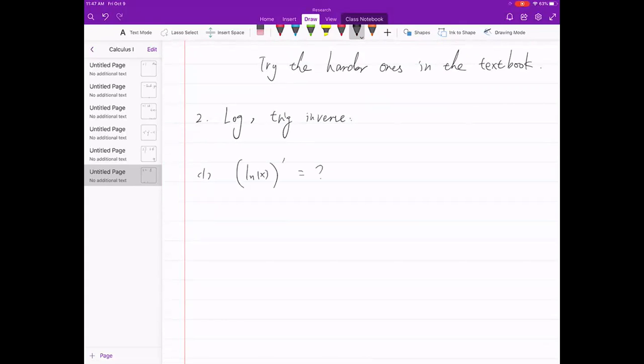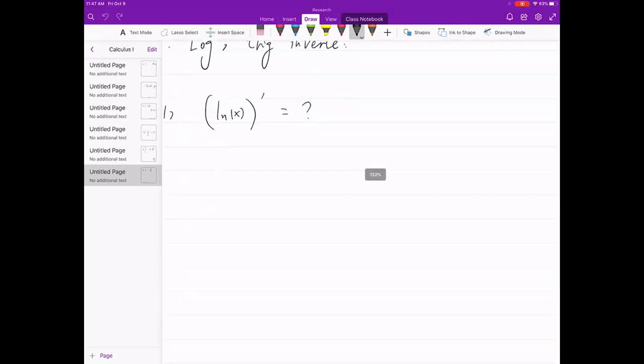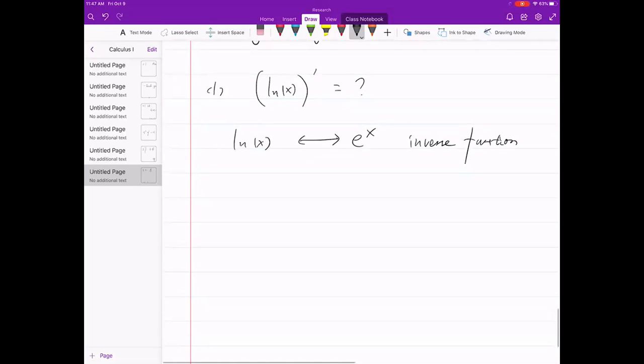And then we look for what is the derivative of ln x. Like we said, ln x and e to the x are inverse functions of each other. So to get the derivative of ln, I should get it from the derivative of e to the x. Somehow this factor needs to show up somewhere.